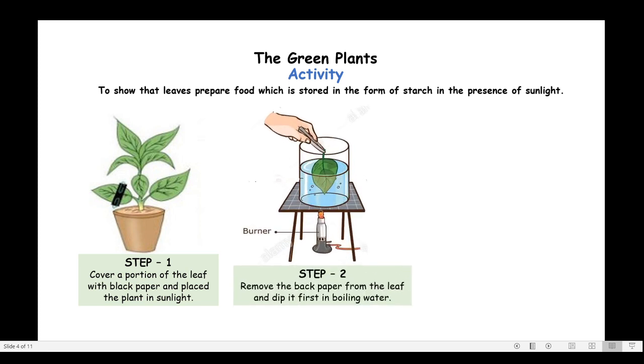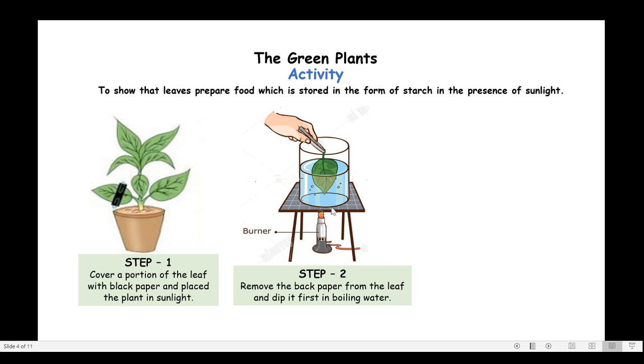Now in step 2, the plant is exposed for some days to the sunlight with one part of the leaf still covered. Then in the second step, this arrangement is done in laboratories to test the presence of starch in a leaf.